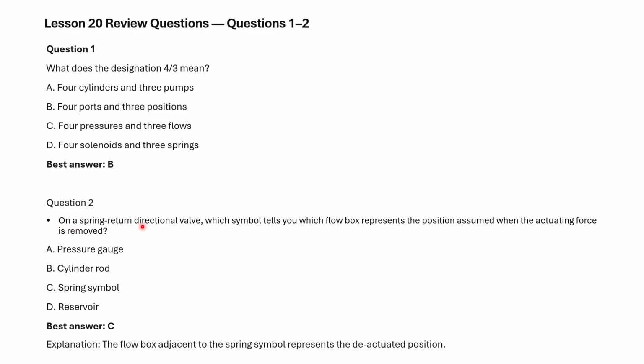On a spring return directional valve, DCV, which symbol tells you which flow box represents the position assumed when the actuating force is removed? A, B, C, D. I give you the best answer. Explanation: the flow box adjacent to the spring symbol represents the deactuated position.